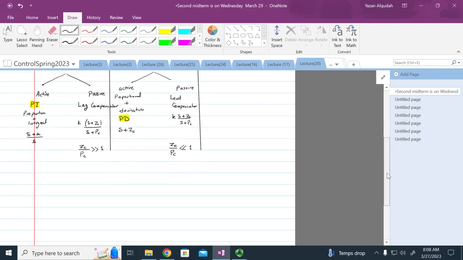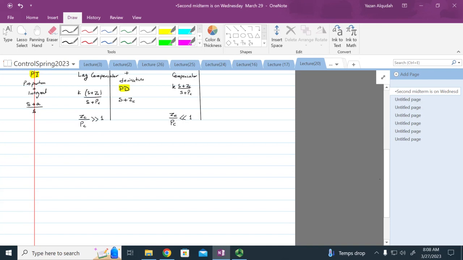Now, before we start looking at the compensators, if I look at the lag compensator, so I am at this part here. We said we're going to have ZC that is much larger than PC. So therefore, we're going to have a compensator that might look something like this.